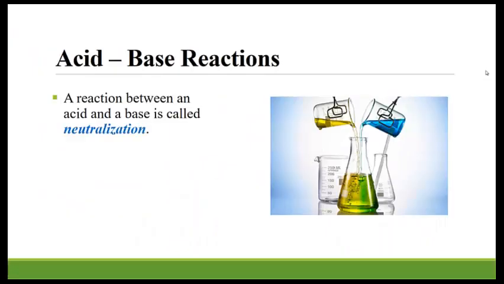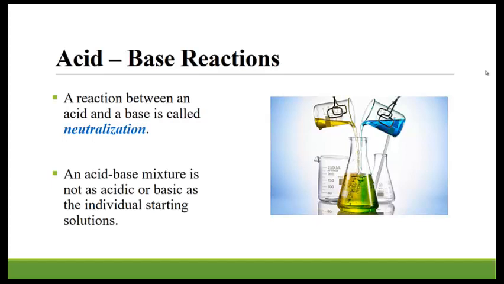All right, when we mix an acid and base, we get what is called a neutralization reaction. In a neutralization reaction, what we see is the resulting mixture is not as acidic as the acid started with, or not as basic as the base started with.